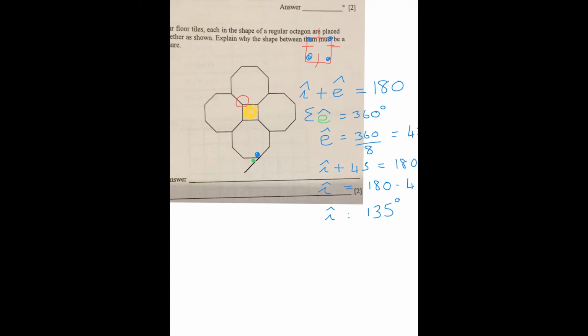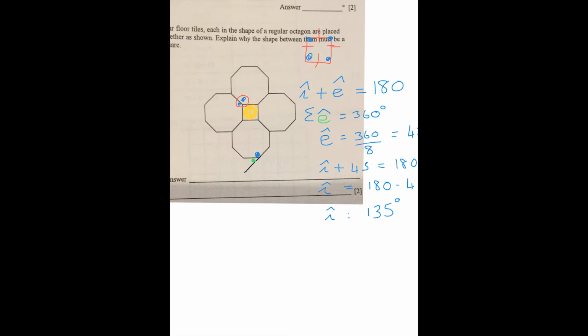In that area, you can see that there are 2 interior angles and a 3rd angle. Okay? So if the 3rd angle works out to be 90 degrees, then we're showing that the inside shape must be a square.